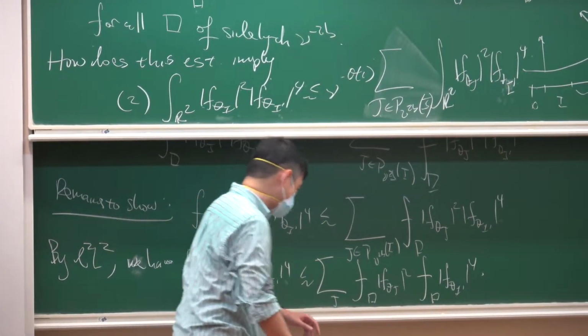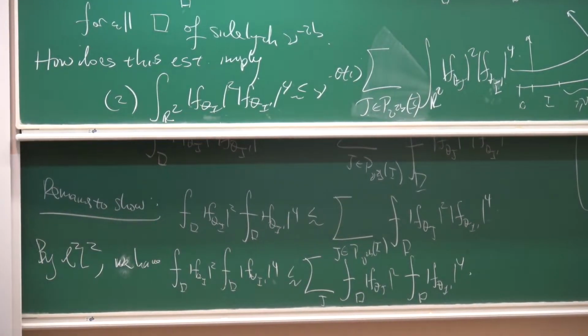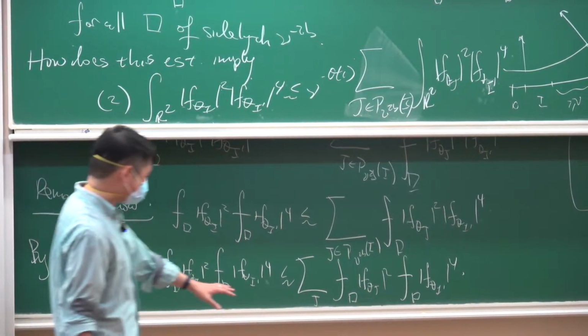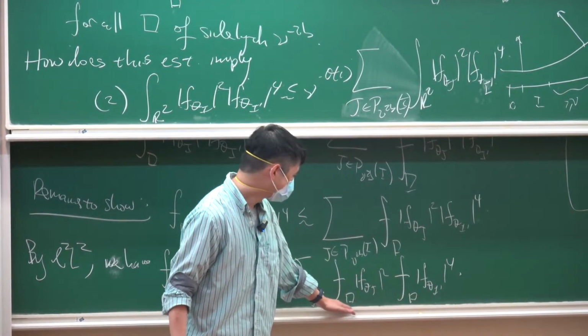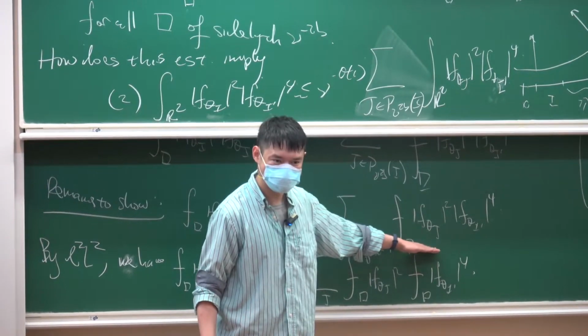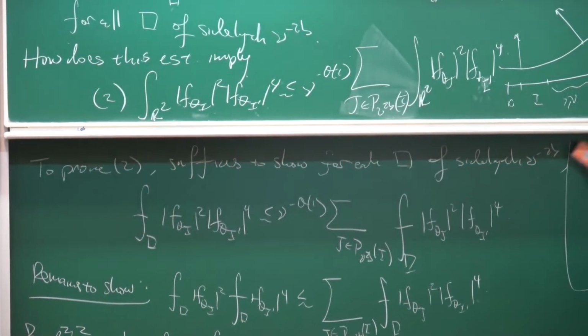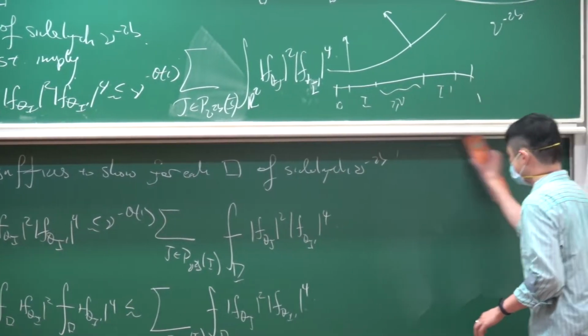Okay? So now we arrive at the question. So what is the last thing we need to show? We need to show why is this term over here bounded by this term. Okay? That's the last thing we need to show. So now we slowly reduce and we ask a question.